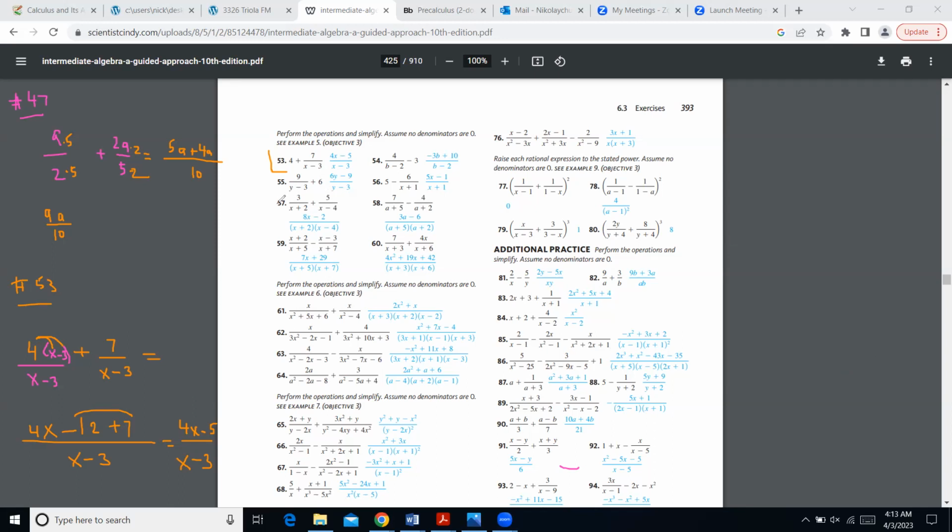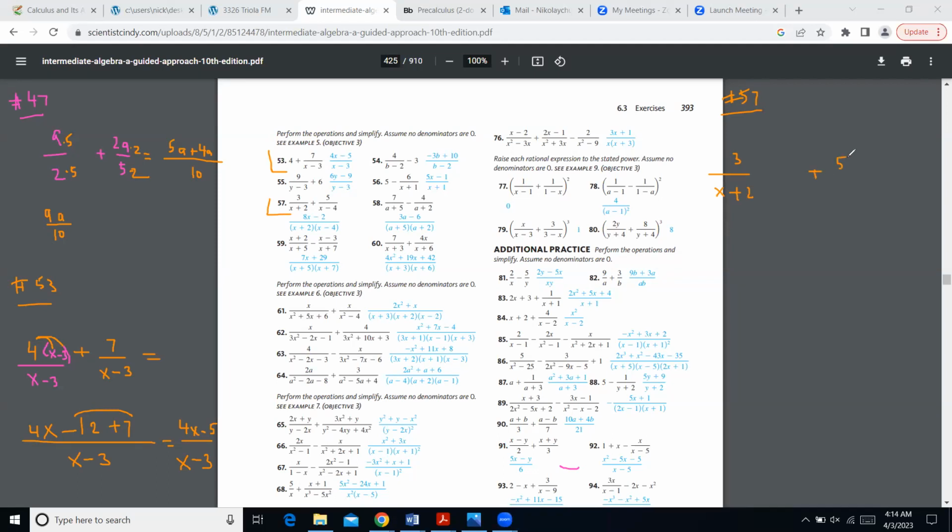Some exercises may be rather lengthy, like problem number 57 here, that says take 3 over x plus 2 plus 5 over x minus 4.